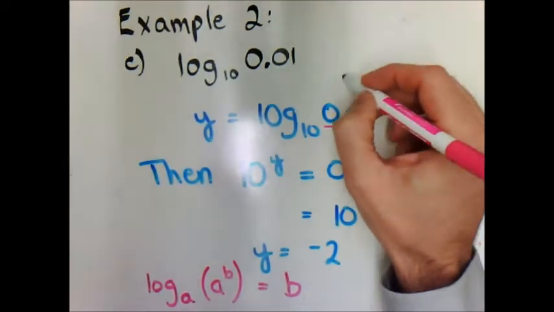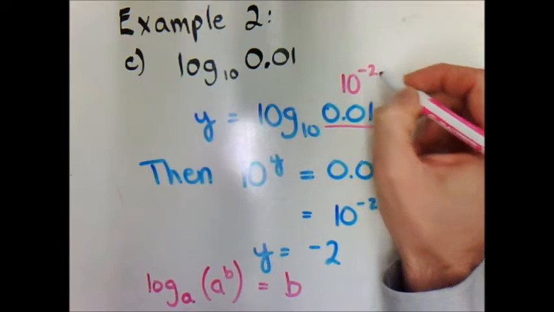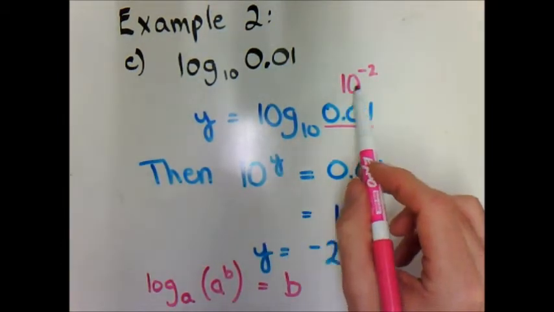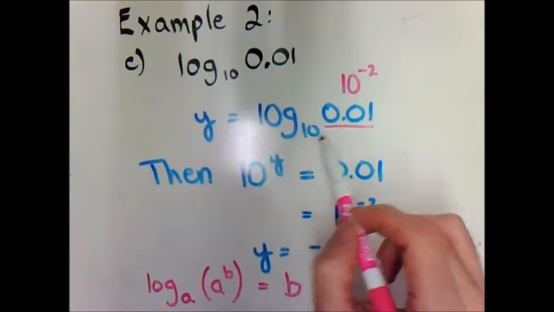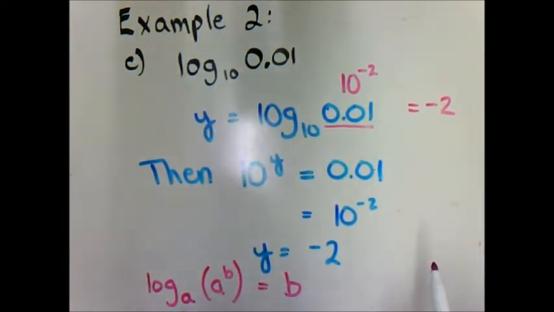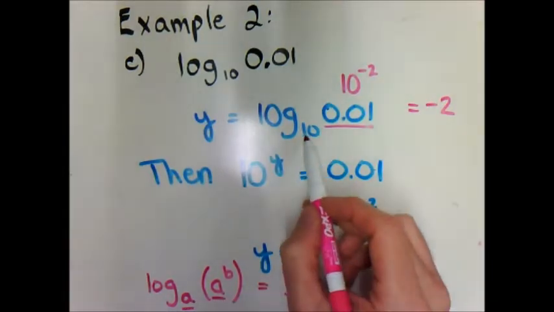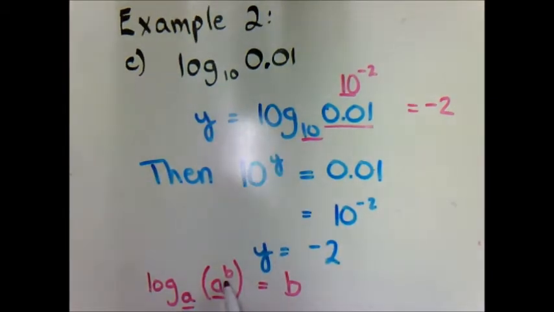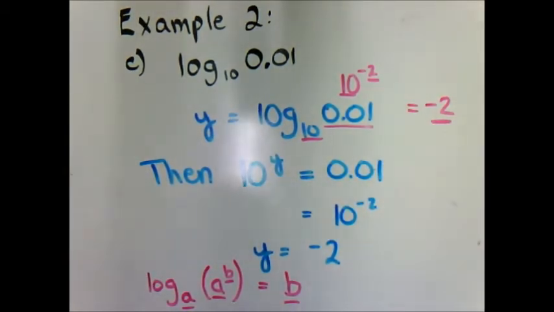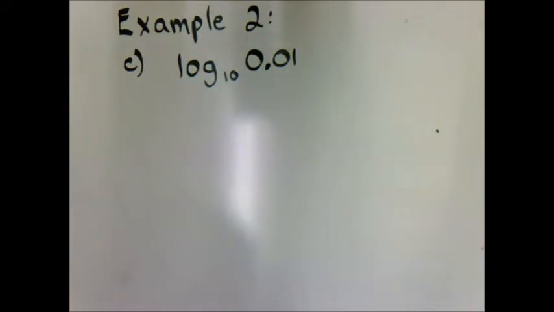Well, we said that we could write that as 10 to the power of negative 2. So now we have the log of 10 to the negative 2 to the base 10, and that was equal to negative 2. And that's just what we have here. A and A, B and B. So there's a connection that we can use there as we work with these logarithms in the future.